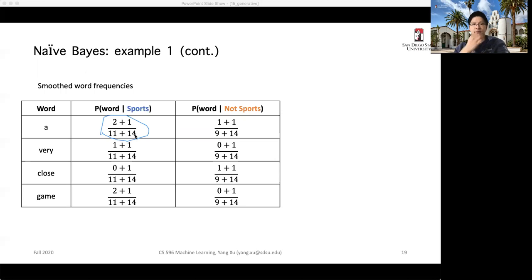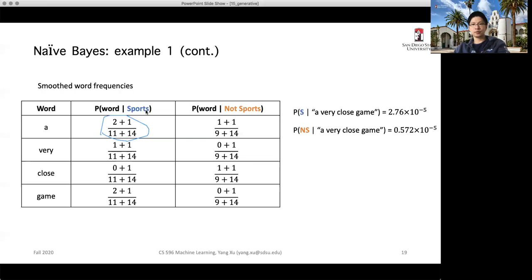This 11 plus 14 is for normalization purposes. And we can do the same thing for all the words in the testing example.